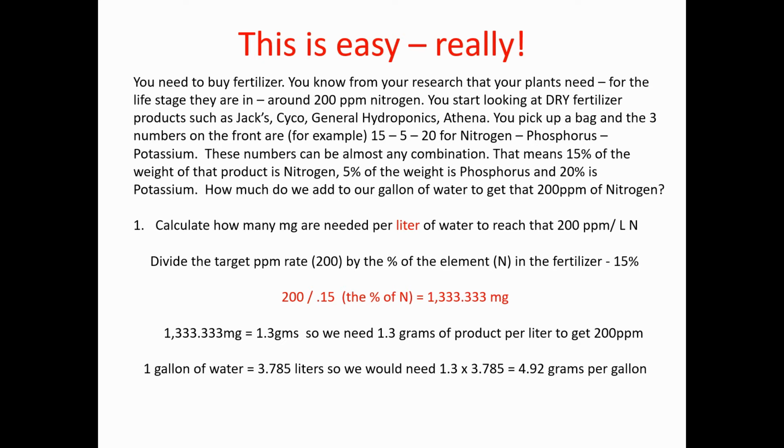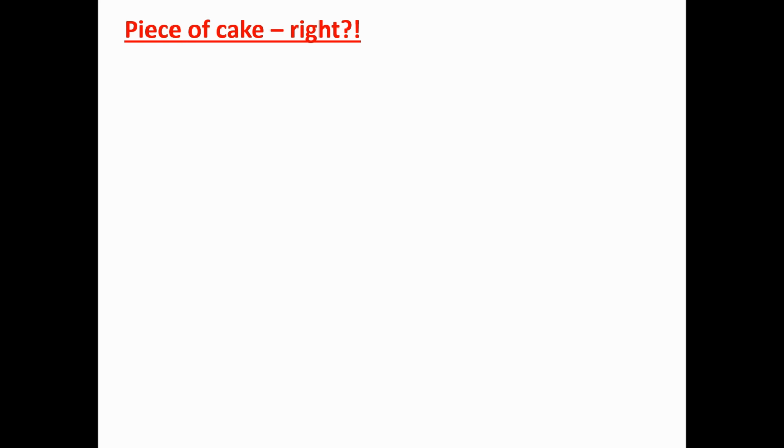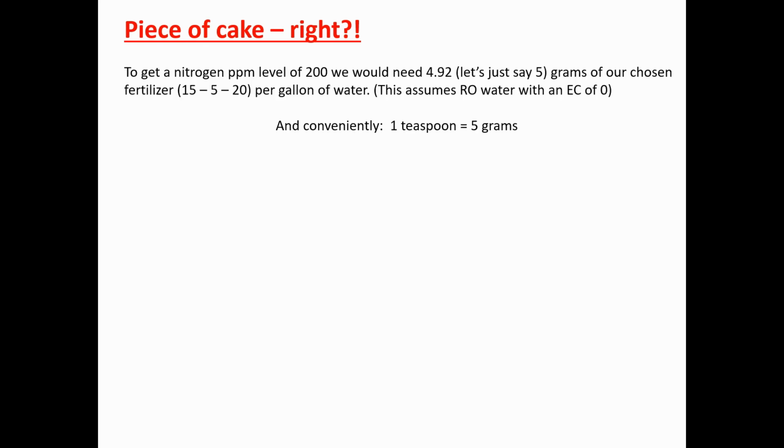So if we're putting 1.3 grams per liter and a gallon is 3.785 liters, all we need to do is multiply 1.3 grams per liter times 3.785, and we get 4.92 grams per gallon. So that was pretty easy.